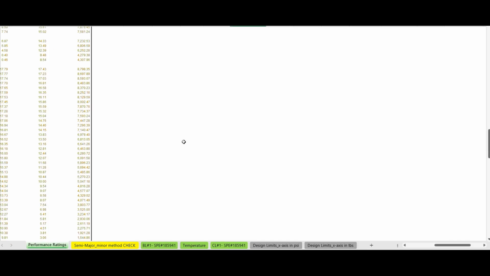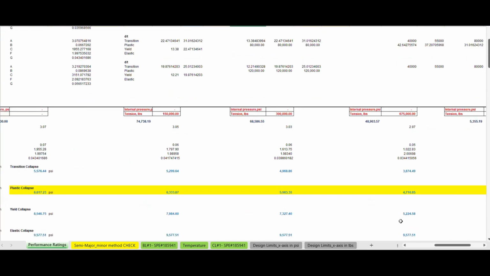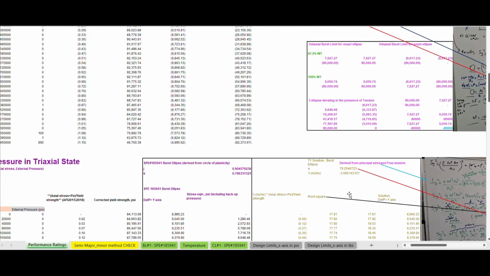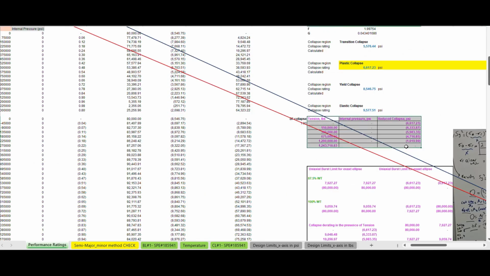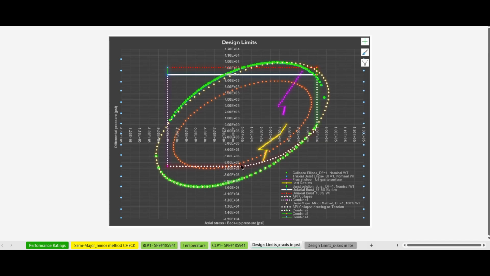That white area is basically taking values from this small table. So you are derating your uniaxial collapse or API collapse based on the tension. As mentioned, this is different from your derating of the yield strength based on the temperature.